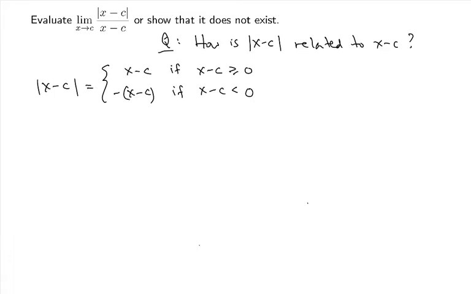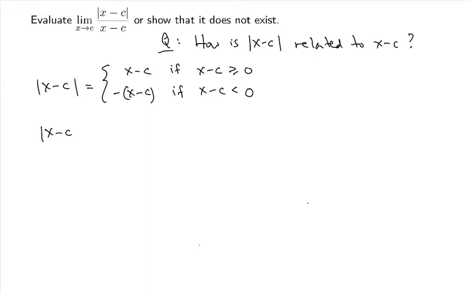So let's see what happens to this function based on our definition of absolute value. If I divide the absolute value by x minus c, then in the top case I'm really dividing x minus c by x minus c, so I get 1. In the bottom case, I'm dividing the negative of x minus c by x minus c, so I get -1. So I can write that down as a functional definition.